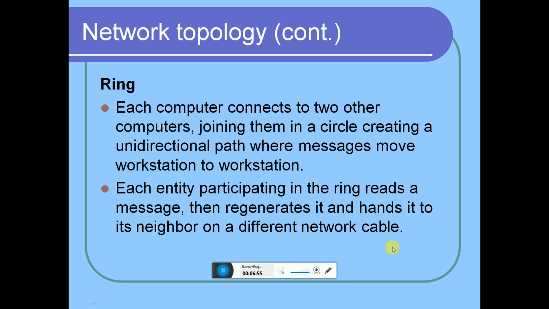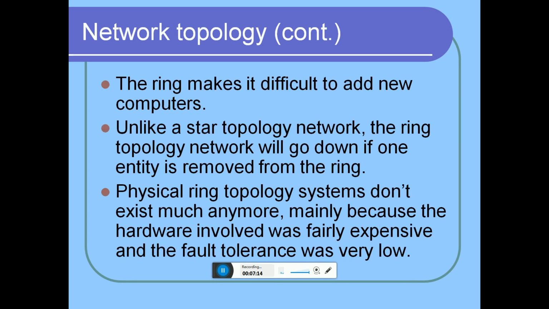Ring topology. Each computer connects to two other computers, joining them in a circular creation with a directional path. Each node participates in the ring and reads messages, regenerates them, and hands them to its neighbors over the network cable. In a ring topology it is difficult to add new computers.